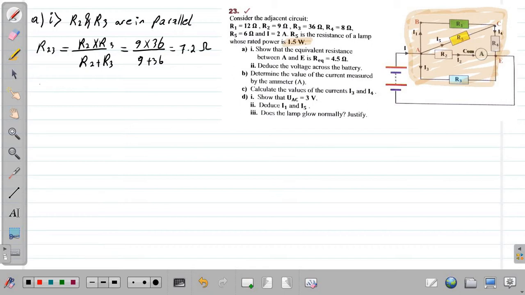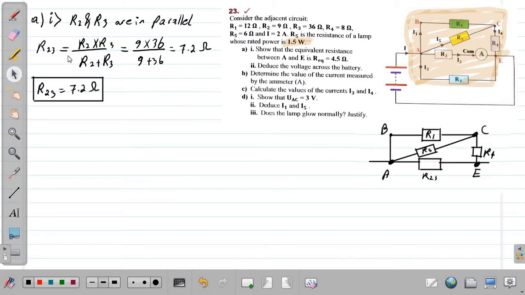Okay, so the equivalent resistor for R2 and R3, R23, is equal to 7.2 ohm. وبالتالي حيكون عنا for R2 and R3 R equivalent R23.